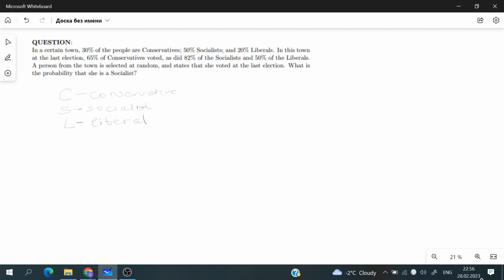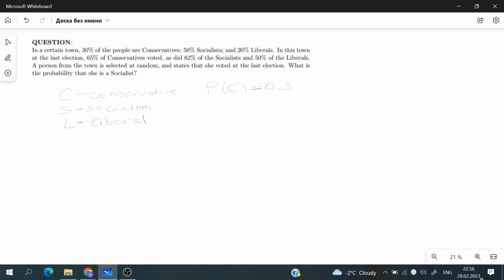We're given that 65% of conservatives voted. Well, first of all, let's consider that 30% of the people are conservative. So how to convert this information into probability? So P of C equals 0.3.